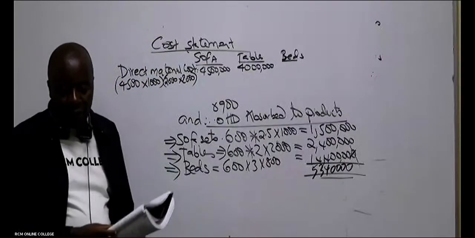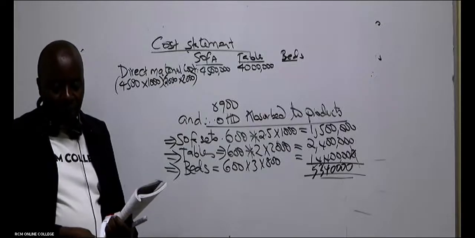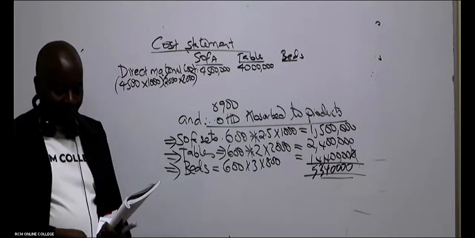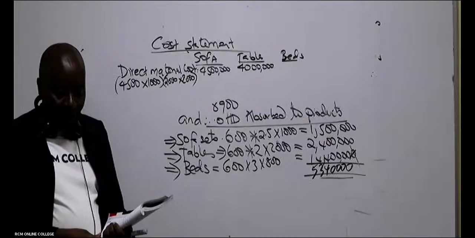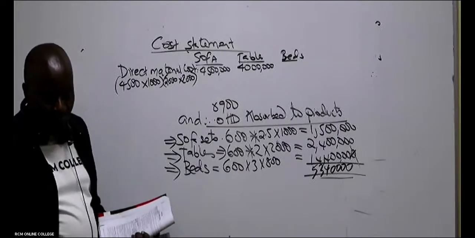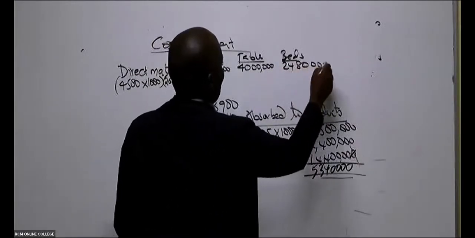For beds, it will be 3,100 times 800, which gives us 2,480,000. Thank you so much.